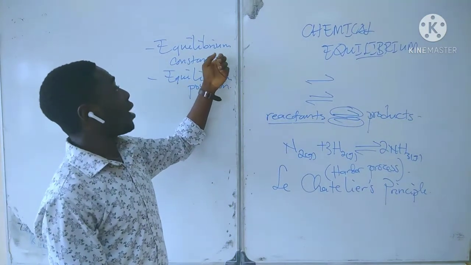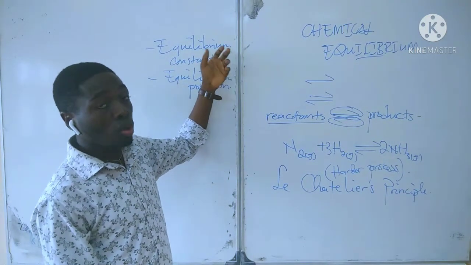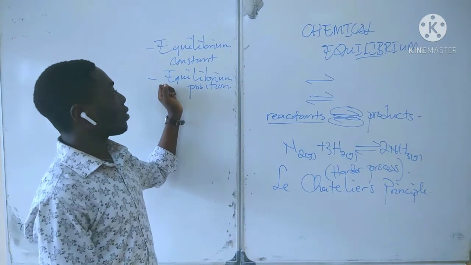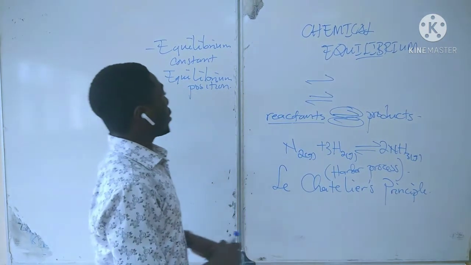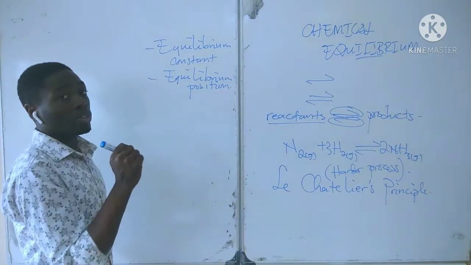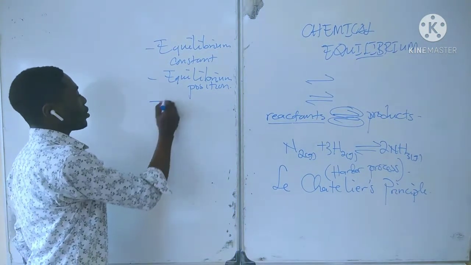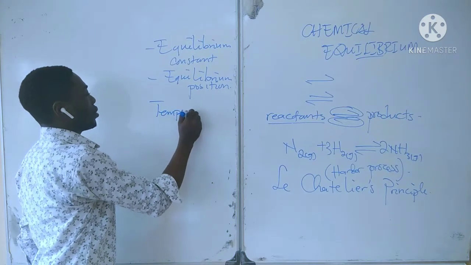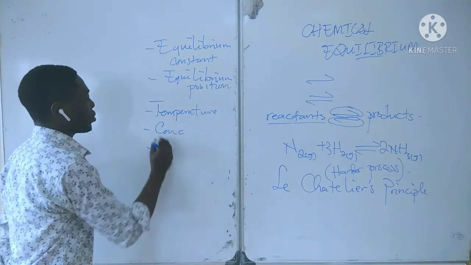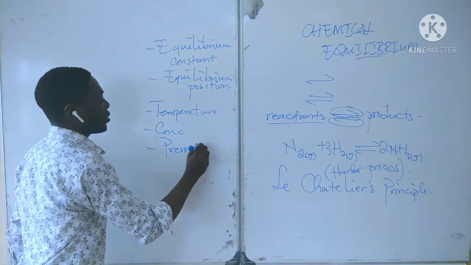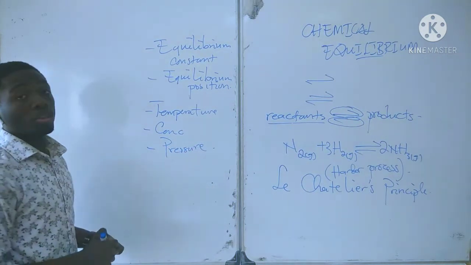So there are some factors that will affect the equilibrium constant, and some will not, and some factors that will affect the equilibrium position, but some will not. There are 3 main factors that can be changed here: temperature, concentration, and pressure. So these are the 3 factors which we're going to be discussing.